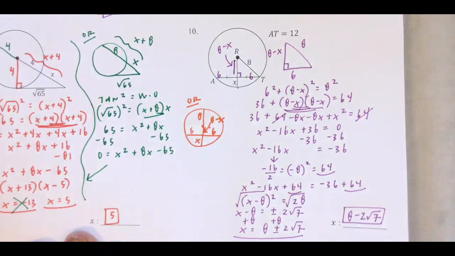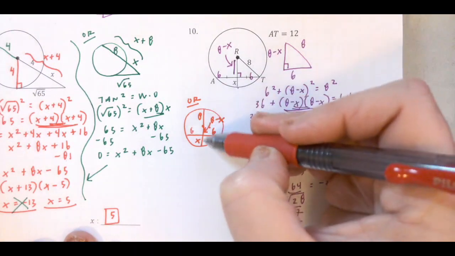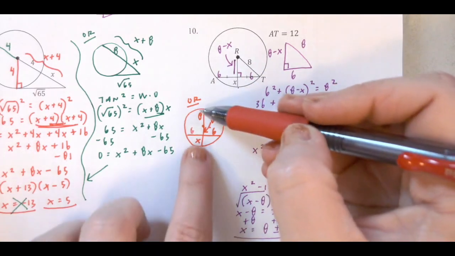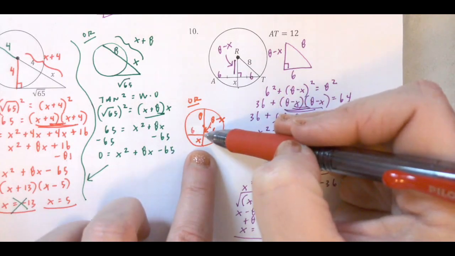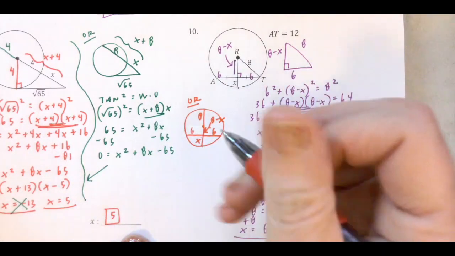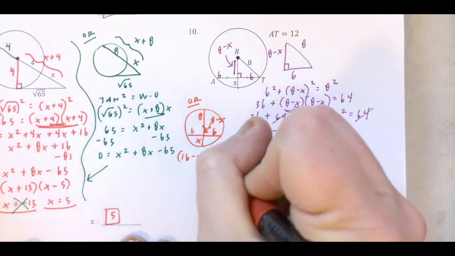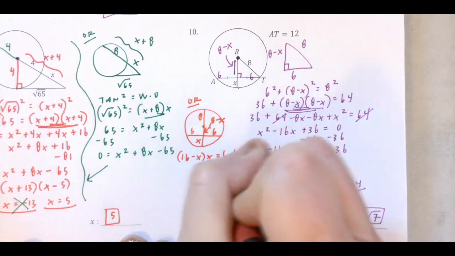So I could have viewed it as two chords. If I add this up, I have here to here, which would be 16 minus x. Here to here would be x, and then 6 and 6. So I really have 16 minus x times x equals 6 times 6.